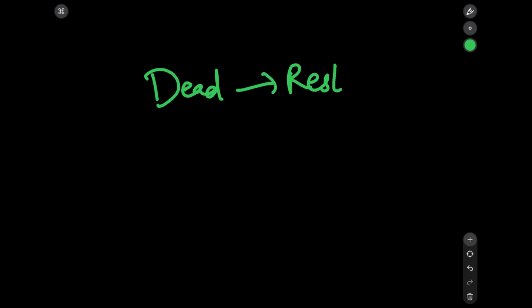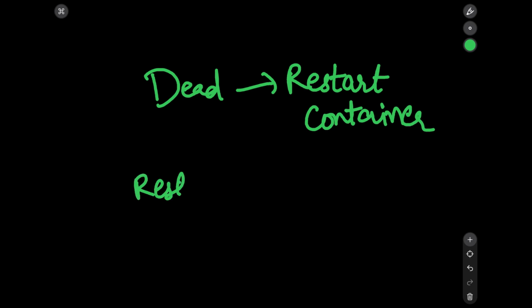Every few seconds, which we can configure in the liveness probe, it will check. But if the container is dead, the liveness probe fails, the kubelet will restart the container and again it will start monitoring that liveness probe.